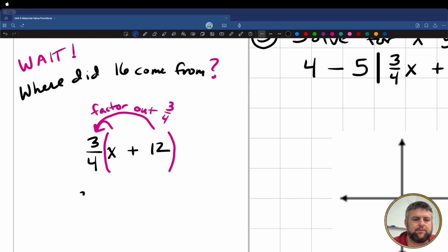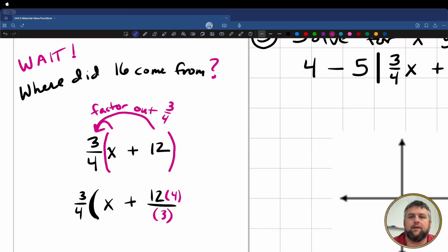Well, this becomes 3/4 of x plus, we have to take it by its reciprocal. So this is really 12 over, and we're going to take the 4 over the 3. I'm going to close the bracket here, in the parentheses. This is going to reduce to 4, and that reduces to 1.